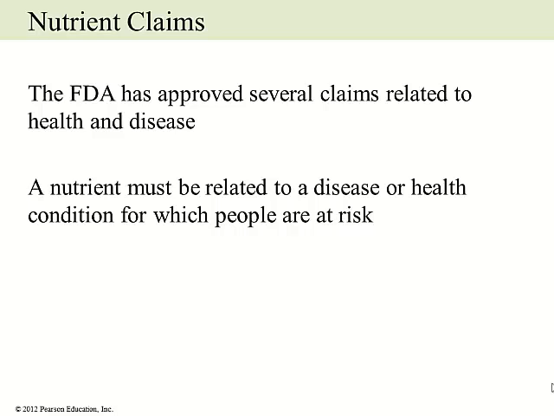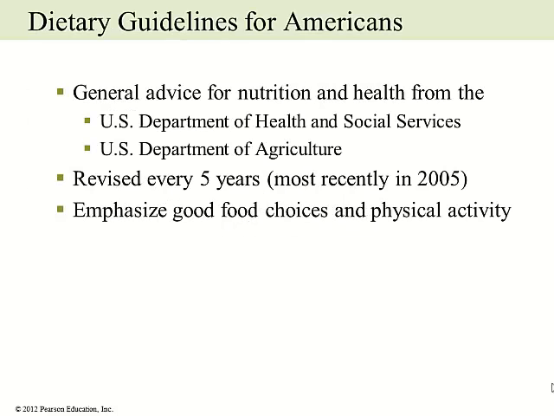So some nutrients can be related to disease, deficiencies in different nutrients. As we go through this course, we'll talk about different things, vitamin deficiencies, and when we talk about the different major calorie groups, we'll talk about deficiencies in those as well. So general advice for nutrition and health from a reputable resource, nutrition journals.